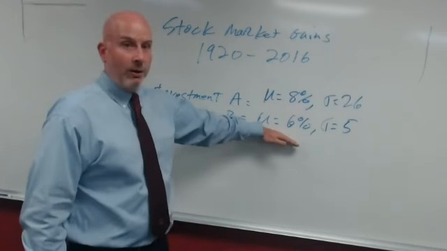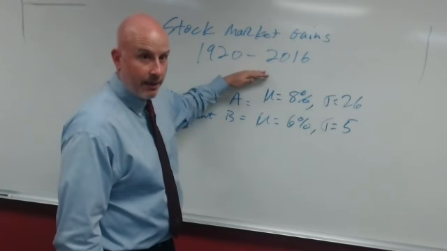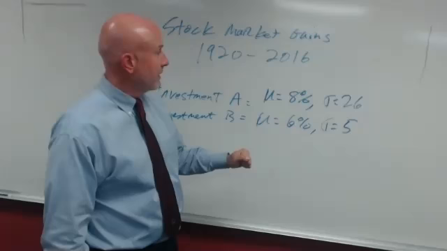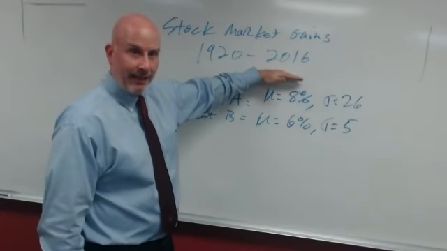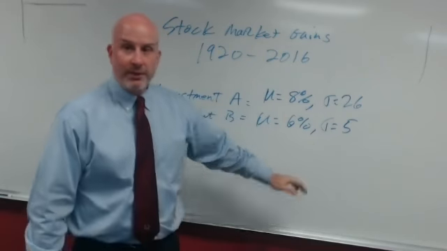Option B only produced an average gain of 6% during this time period. However, with a standard deviation of 5, you could have expected in any given year an 11% gain or a 1% gain.